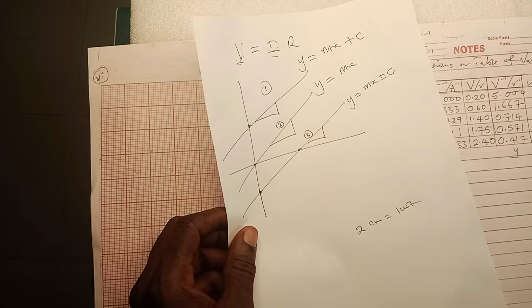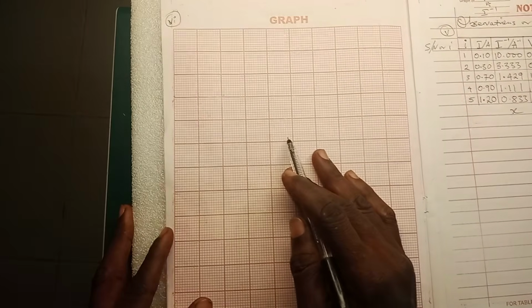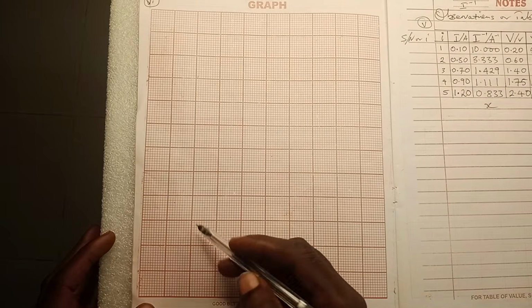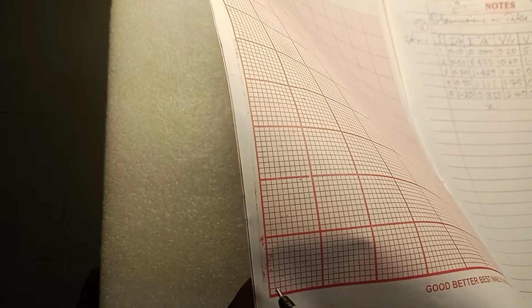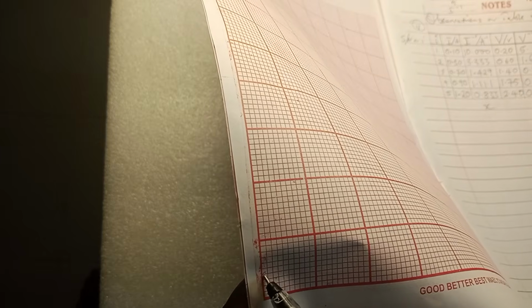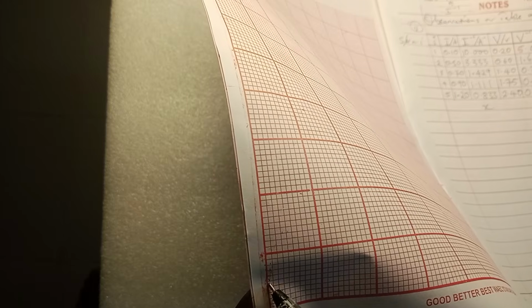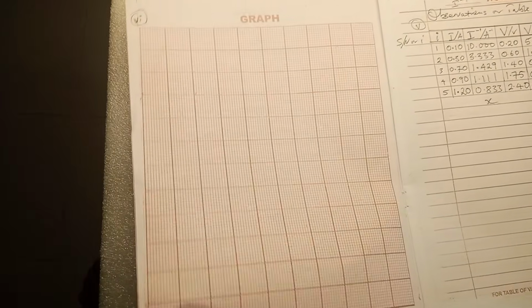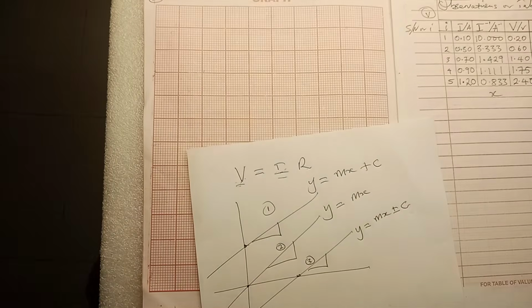This graph paper is designed in 2 cm, meaning in 2 cm you have 10 small boxes. Let's count: 1, 2, 3, 4, 5, 6, 7, 8, 9, 10. So 2 cm gives you 10 small boxes, and for each 2 cm you add 1 unit.